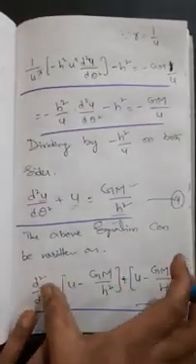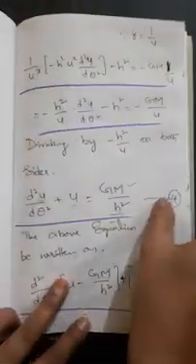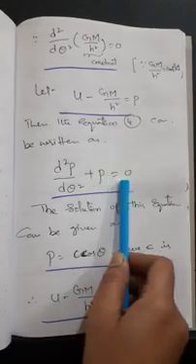Then equation number 4 can be written as d square p by d theta square plus p is equal to 0.